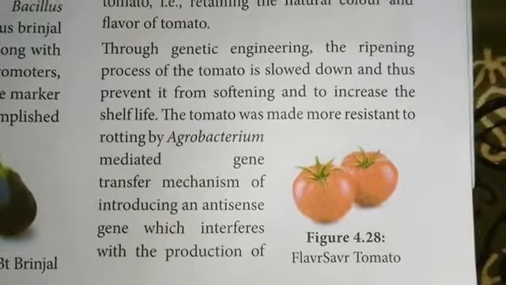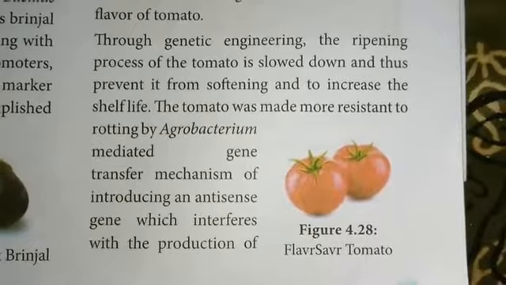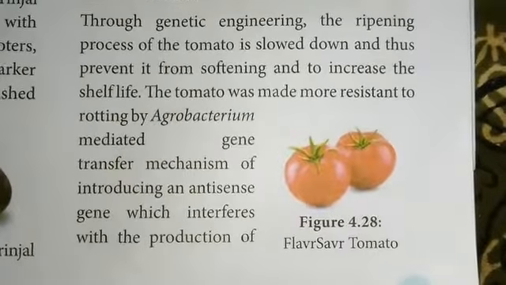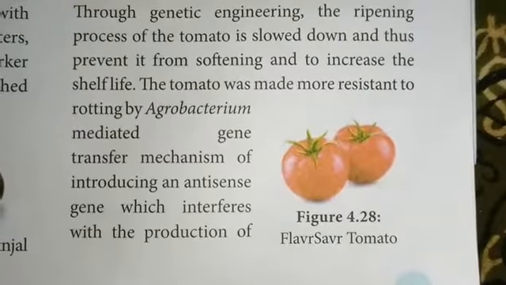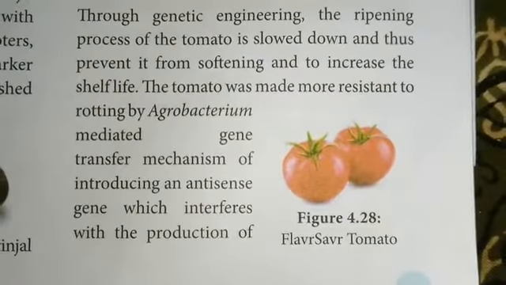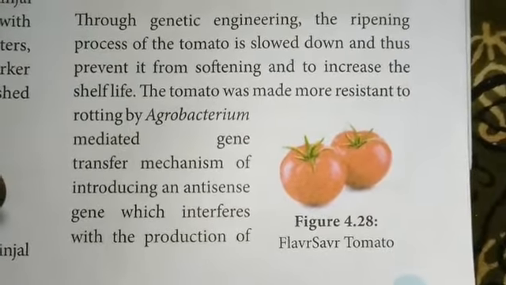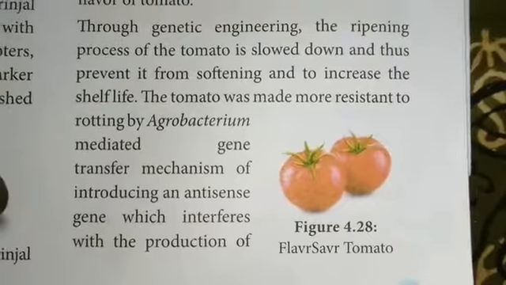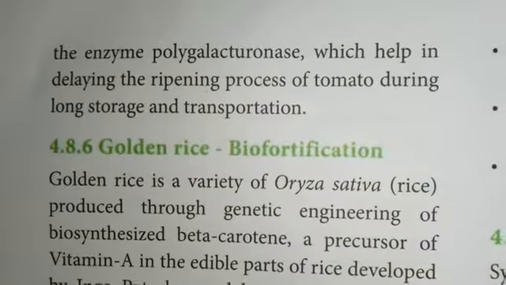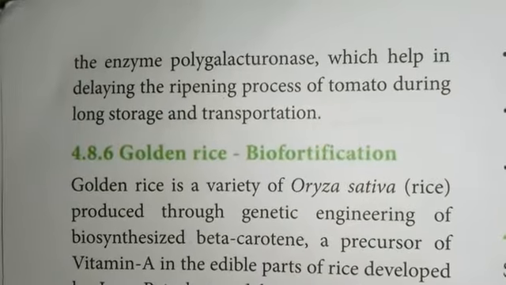The tomato was made more resistant to rotting by the Agrobacterium mediated gene transfer mechanism of introducing an antisense gene, that is antisense RNA, which interferes with the production of the polygalacturonase enzyme, delaying the ripening process of tomato during long storage and transportation.